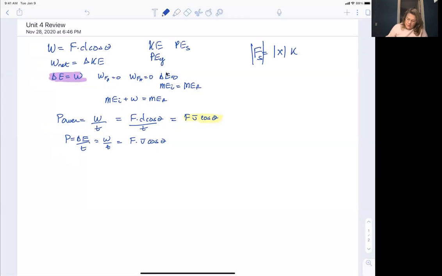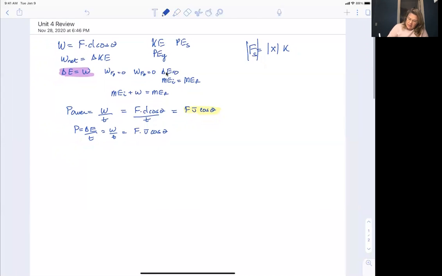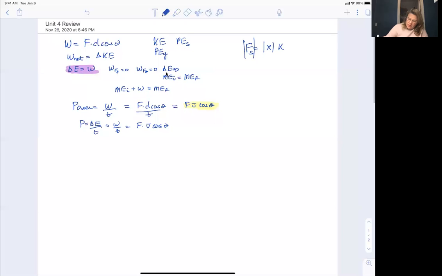Okay, so a couple things I want to talk about, and I'll talk about this force of a spring situation. So if I stretch the spring this way, and this is x equals 0, then x was positive. Actually, let's do it a different way. Let's assume this is x equals 0.